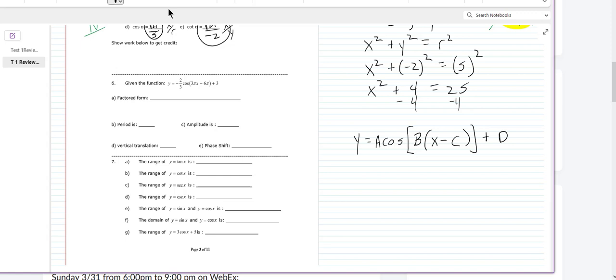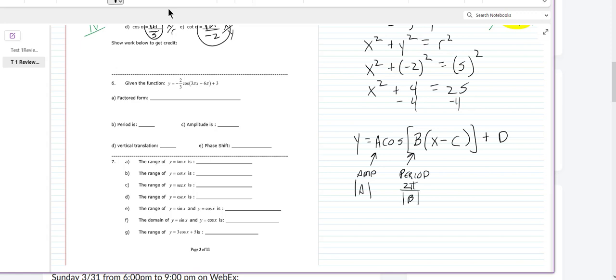These are how the transformations work. So this thing gives you the amplitude. The amplitude is the absolute value of a. Amplitude is that number in front of the cosine or sine. The b gives you the period. We have a formula that the period, and this is for a sine and cosine, is 2 pi over the absolute value of b.